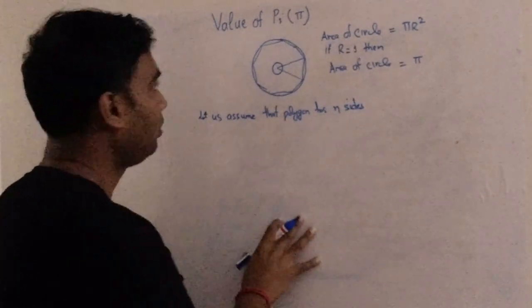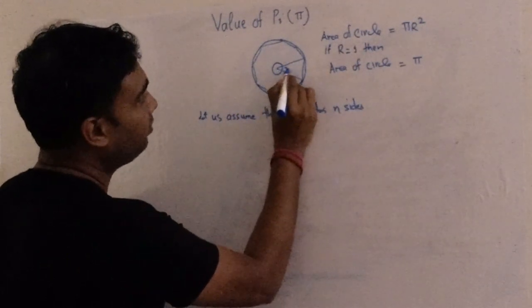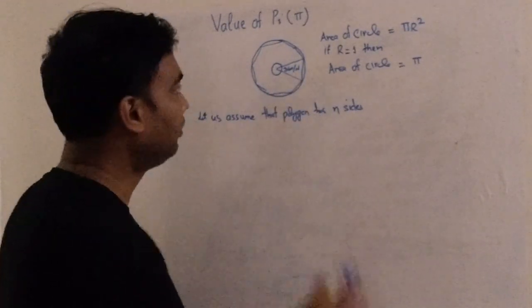If the polygon has n sides, it means this angle will be 360 by n.